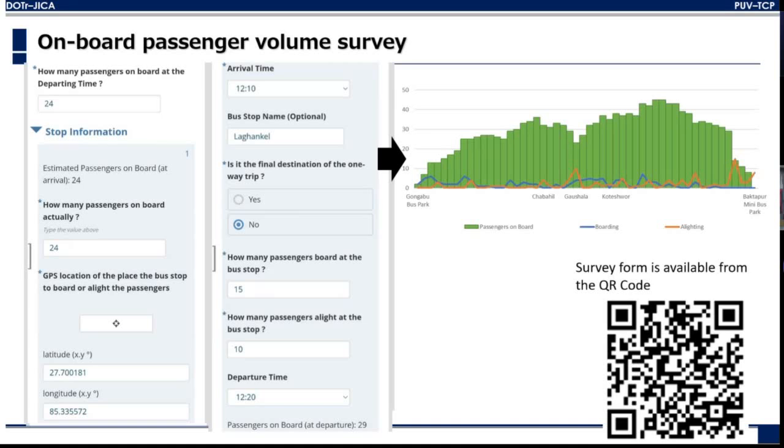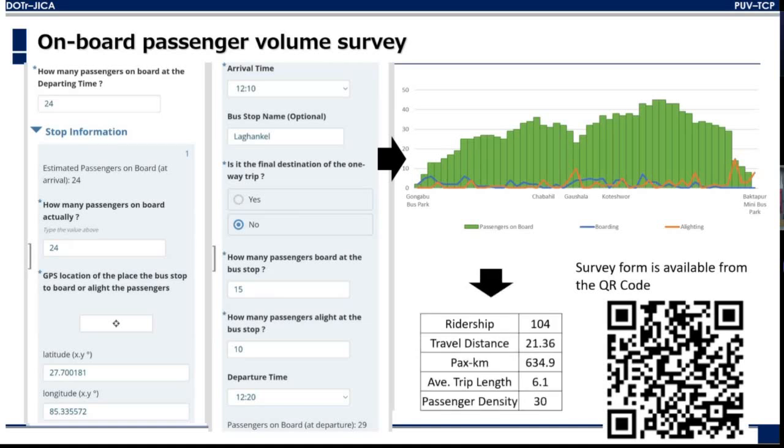Based on this result, the per-trip ridership, travel distance, total passenger kilometers and average trip length are also estimated.